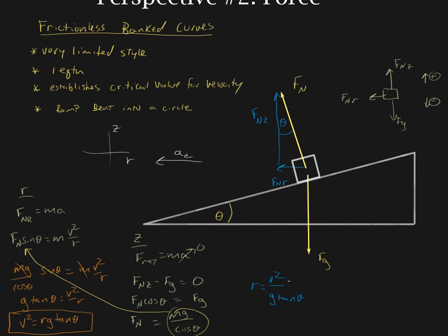All right, now my point out of this is simple, that if you're going faster than the critical velocity, then the object is going to move towards the outside edge of the circle. It's going to go up the ramp, in other words, until it finds a happy place of equilibrium.